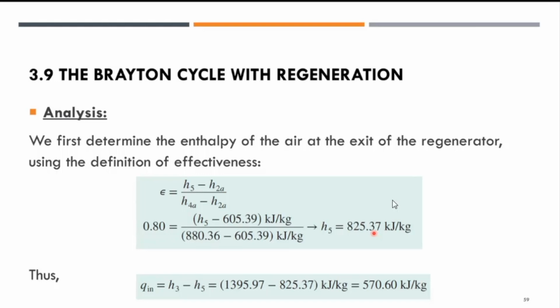and you will get h5 to be 825.37 kilojoules per kilogram. Then you can get the amount of heat being supplied into the system, h3 minus h5. Where you put the number of h5, you will get the heat into the system as 570.60 kilojoules per kilogram.